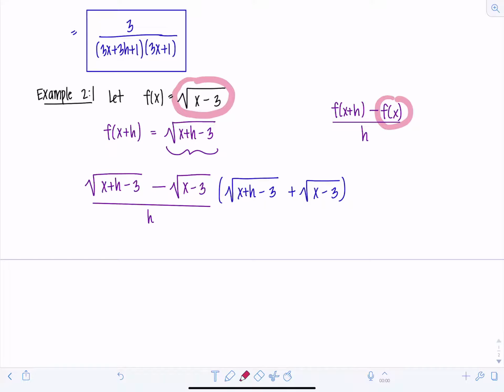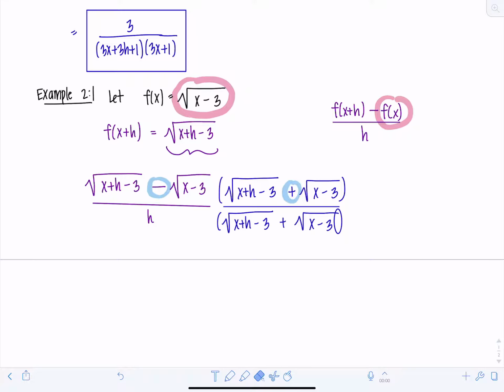And notice here with the conjugate, all I did was switch this subtraction or minus sign to a plus sign. None of the other signs underneath the radical changed at all. Leave those alone. And then remember, whatever I multiply by in the numerator, I have to multiply by in the denominator so that I'm just multiplying by 1. And I'm preserving the value of the expression.